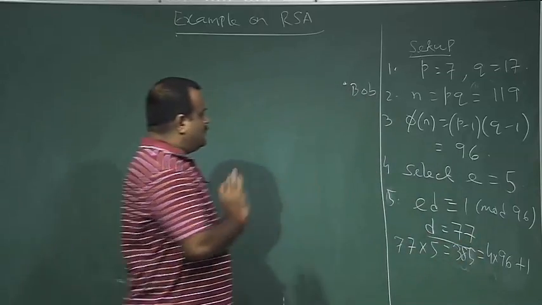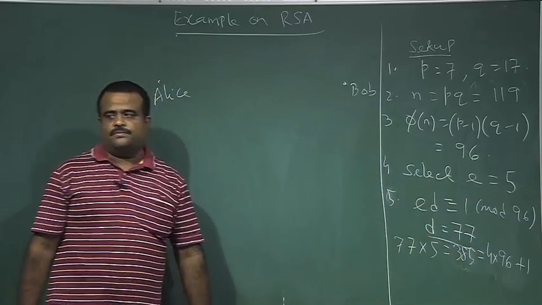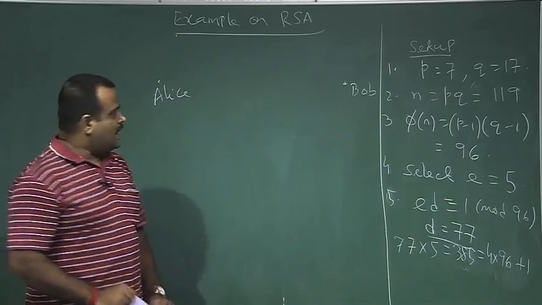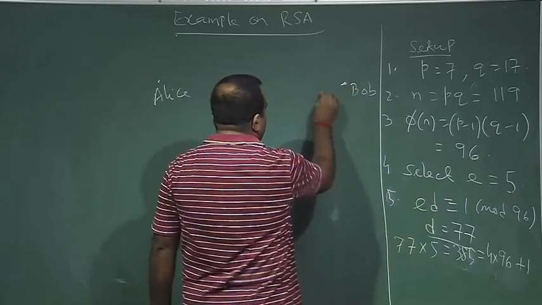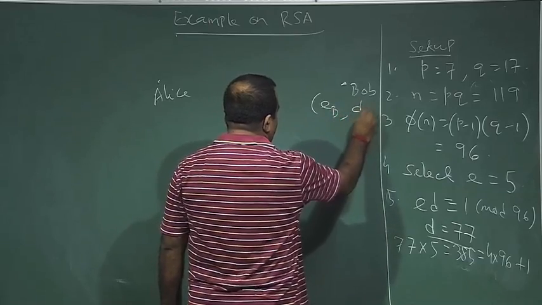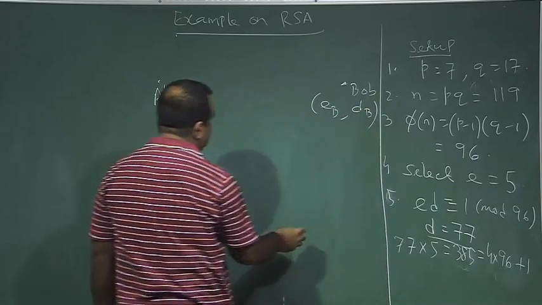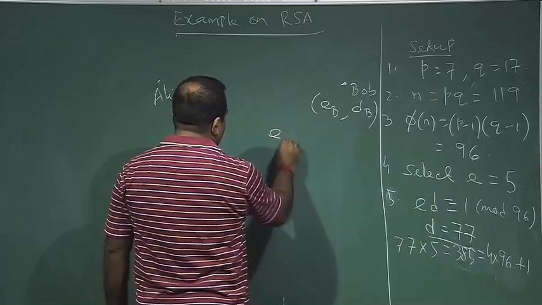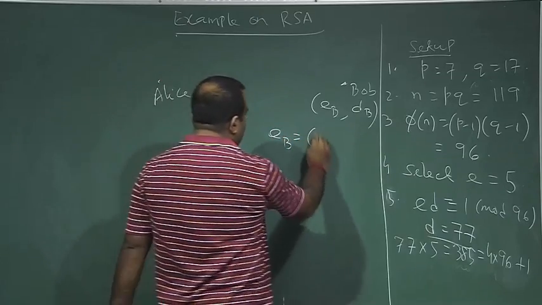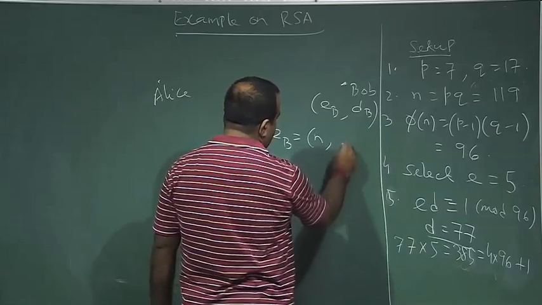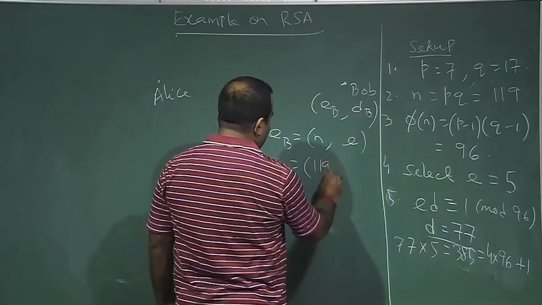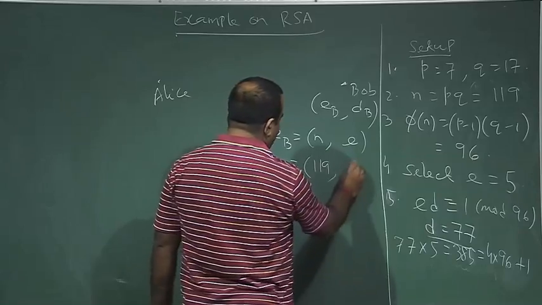Now the setup phase is complete. Bob generates its public key, private key pair, EB and DB. EB is Bob's public key, which is n comma E, where n is 119 and E is 5.